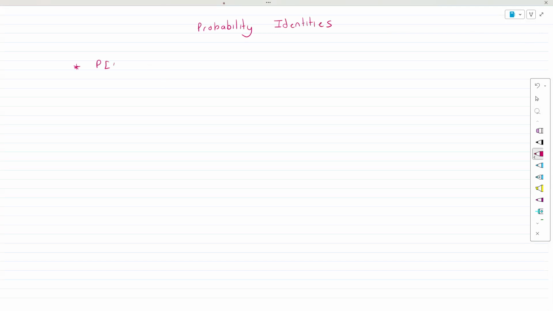You see, the probability of A or B has to equal the probability of A plus the probability of B, minus the probability of A and B. Now, what does that mean? It's quite simple because you and I could deal with this quite easily.